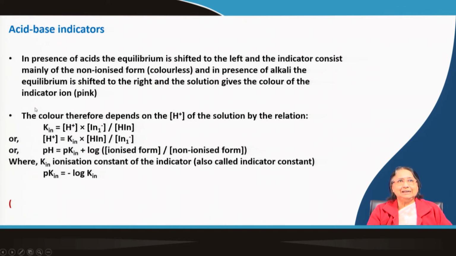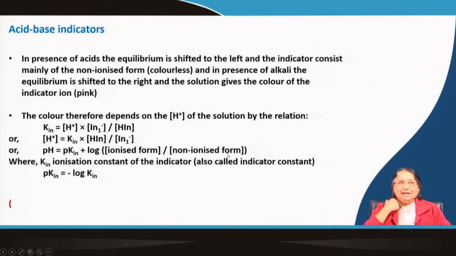So, if you consider that equation, think about this equilibrium constant. K indicator, that is why In is written, K equals the H+ ion concentration times the In- concentration divided by HIn, the undissociated form concentration. Now, if you rearrange and take the minus log, you will get pH equals pK indicator plus log of ionized form by non-ionized form.